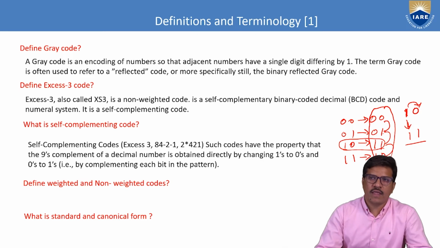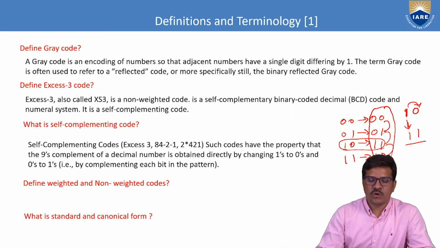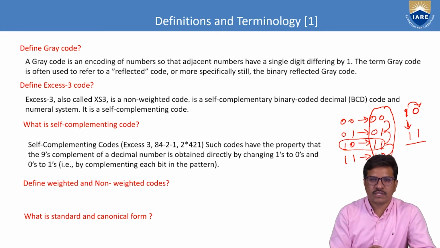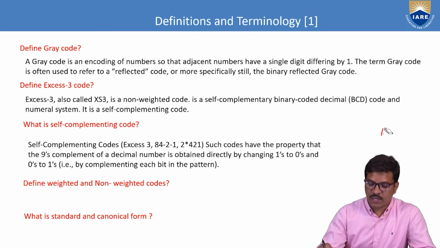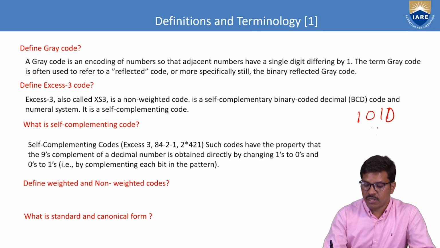And most probably we use this gray code in a K-map to represent each minterm notation outside the box. Then XS3 code: XS3 code is nothing but whatever the given binary number is, just add 3 to it, and you will get the XS3 code.